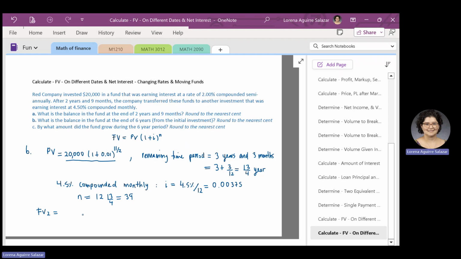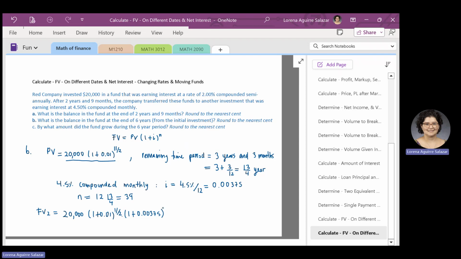After 3 years and 3 months pass, we have 20,000 multiplied by 1 plus 0.0075, the new interest rate per compounding period, to the 39.